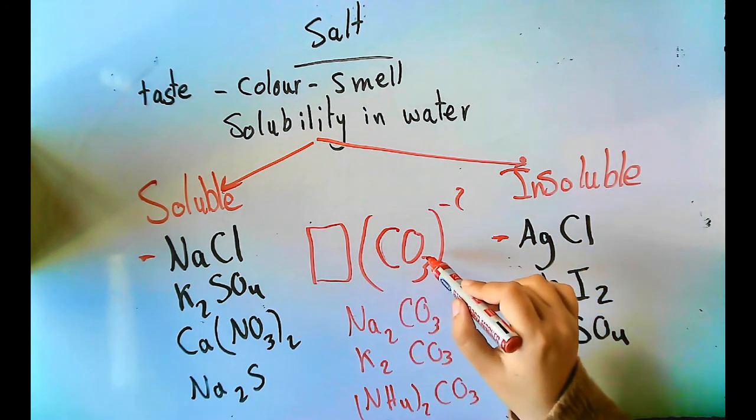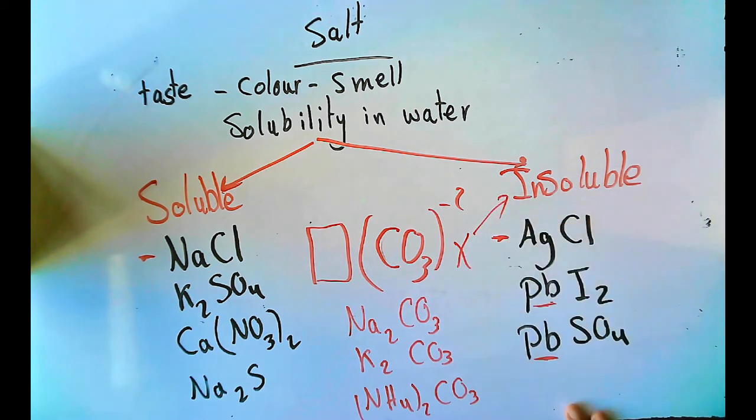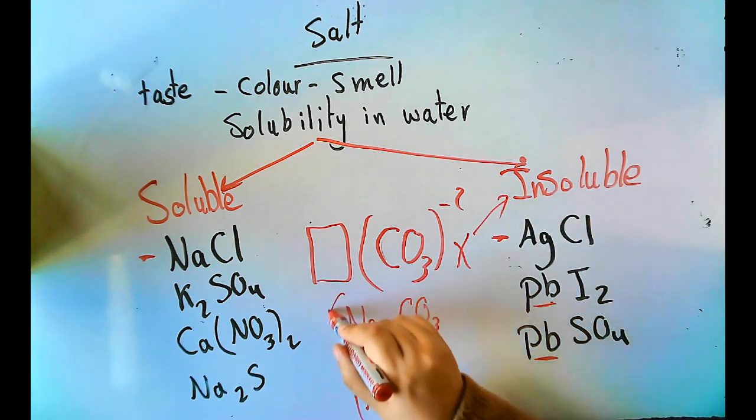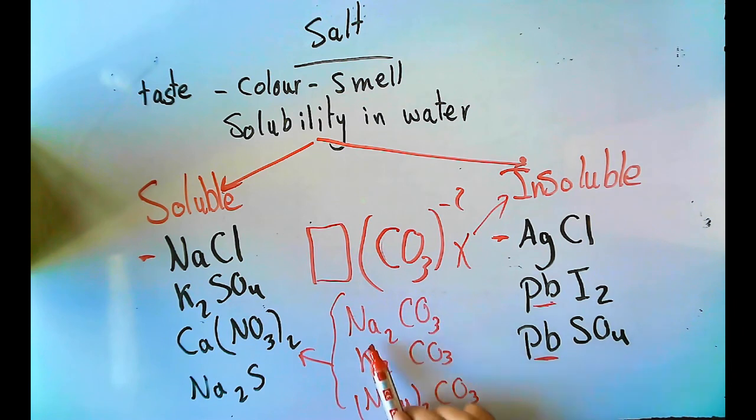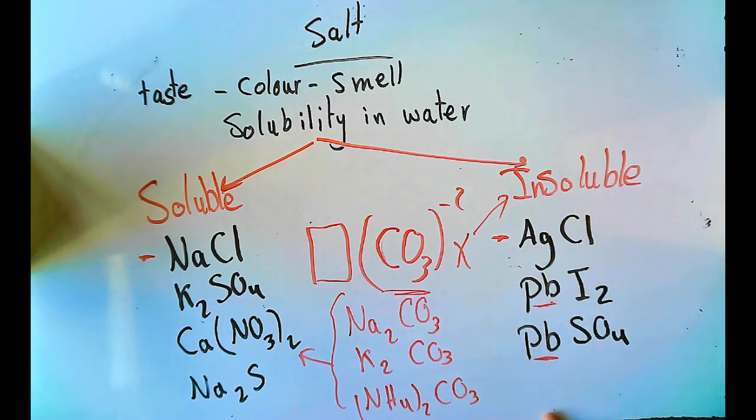So any carbonate salt doesn't dissolve in water, it is insoluble, except sodium carbonate, potassium carbonate, ammonium carbonate. These dissolve in water, they are soluble in water. So anything with carbonate doesn't dissolve in water except sodium carbonate, potassium carbonate, ammonium carbonate.